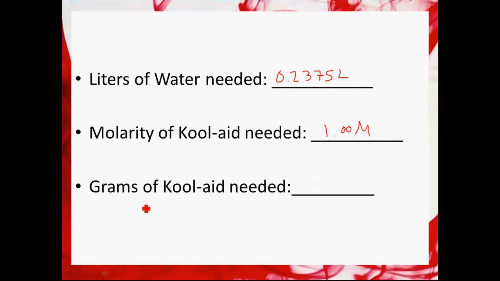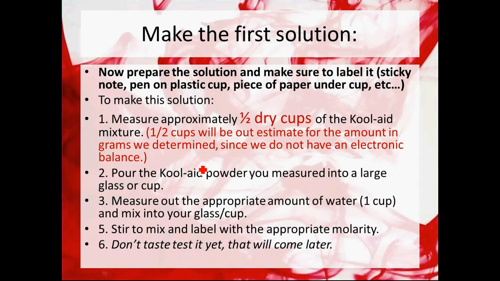And then grams of Kool-Aid needed, we said, was 81.2 grams from our calculation we just saw. And this is what I just said here. You're going to measure out a half of a dry cup of Kool-Aid and mix it with 1 wet cup of water, and then stir it together.